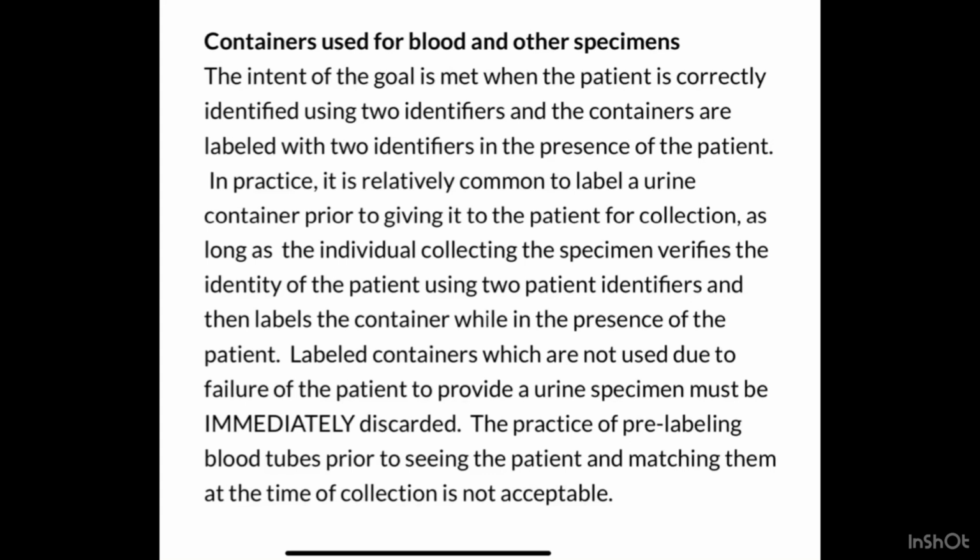Labeled containers, which are not used due to the failure of the patient to provide a urine specimen, must be immediately discarded. The practice of pre-labeling blood tubes prior to seeing the patient and matching them at the time of collection is not acceptable.